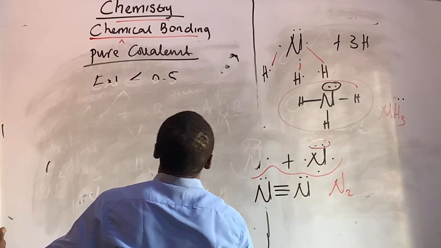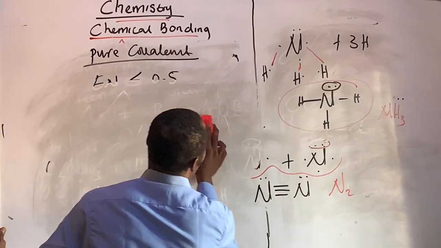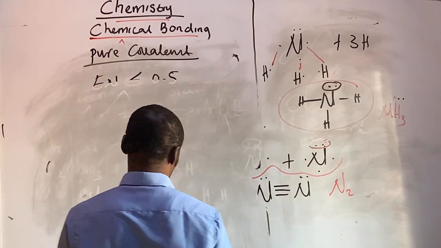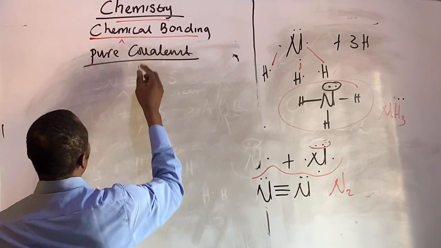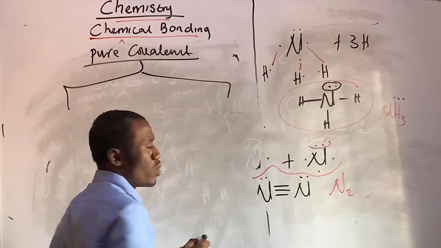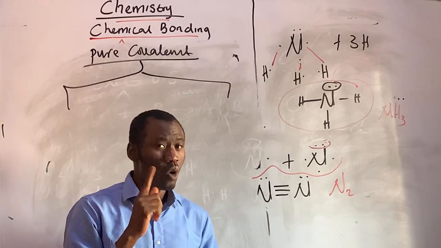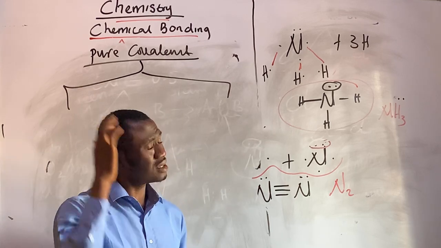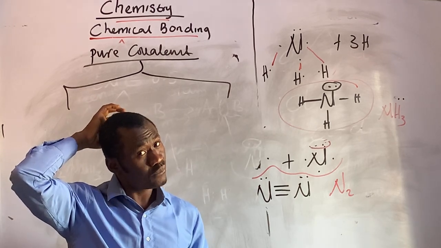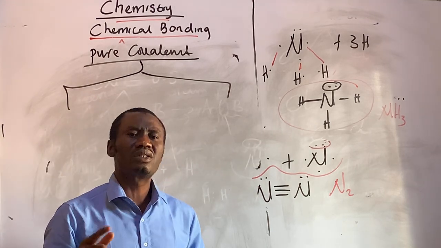Now, the pure covalent bond is divided into two. We have the homonuclear and the heteronuclear. The homonuclear is known as the non-polar, and the heteronuclear is known as the polar.